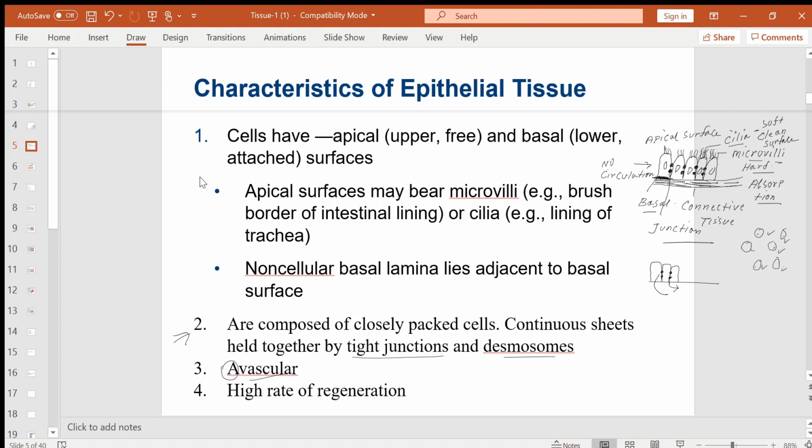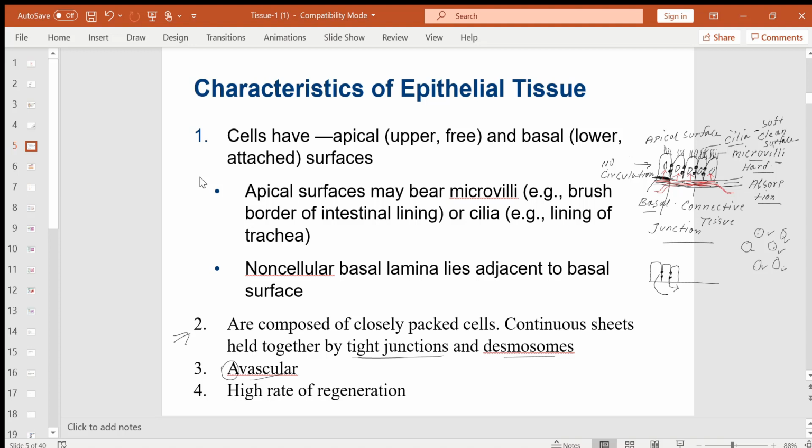Under the epithelial tissue, remember I said you have the connective tissue, and this connective tissue has the blood vessels, blood circulation here. So from this blood, by diffusion, oxygen and nutrition go to the epithelial tissue. Although epithelial tissue doesn't have any blood vessels or circulation, it gets nutrition and oxygen from the underlying connective tissue, which has the blood circulation.